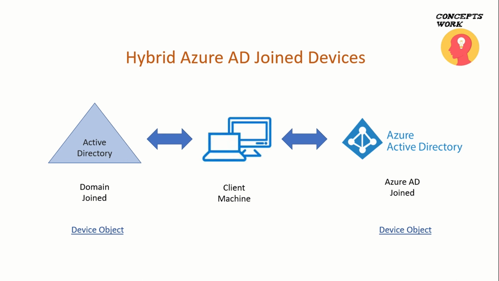As I said before, this is the first fundamental behind device-based conditional access. Now, whatever I have said in this particular slide, don't worry, do watch the entire video. You'll come to know how everything works, and what is the relation between the device object which is there on-prem and the device object that exists in Azure Active Directory.